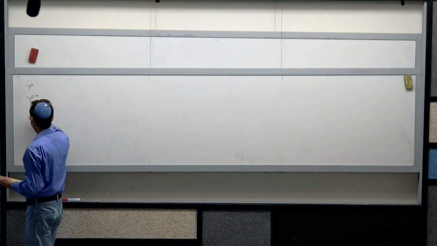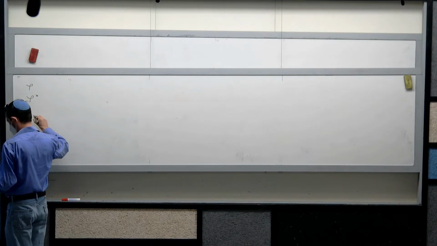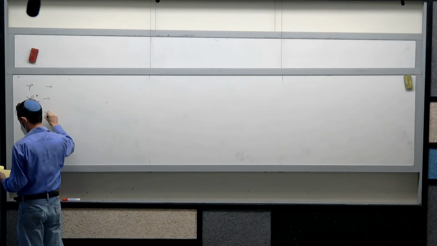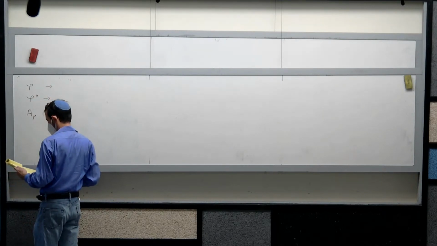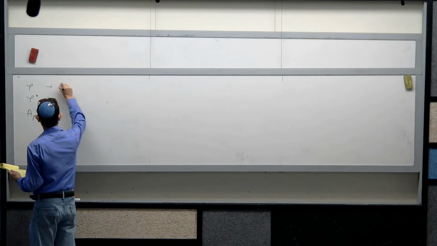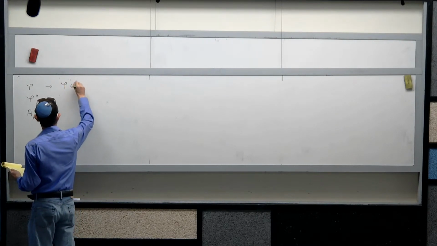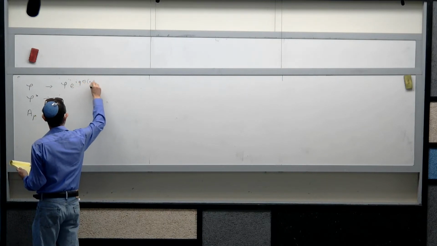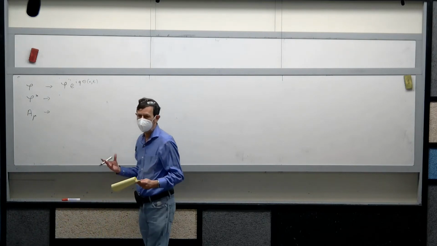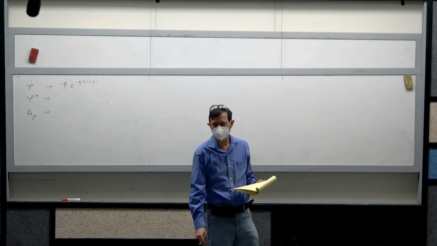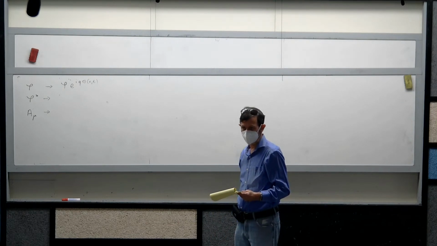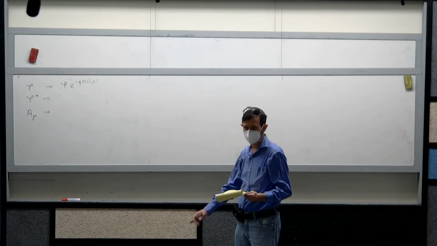We added an additional field, A mu, and we wanted to do this following a symmetry, which is changing the field by multiplying it by a phase, but a phase that depends on x and t, not a global phase.